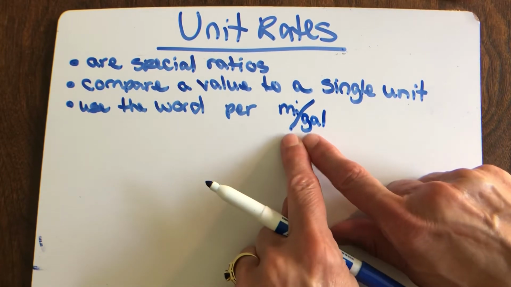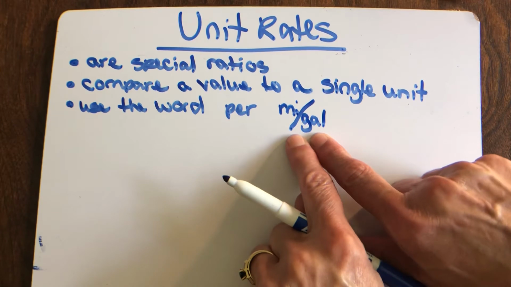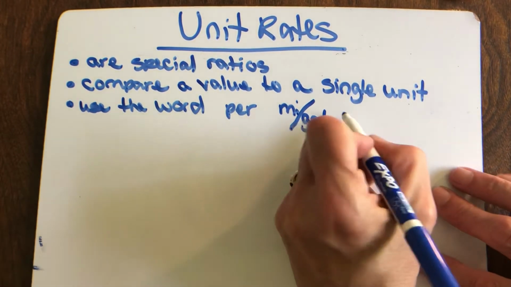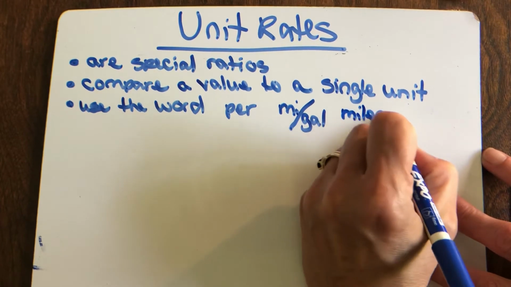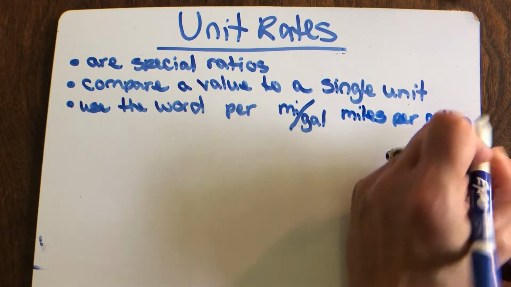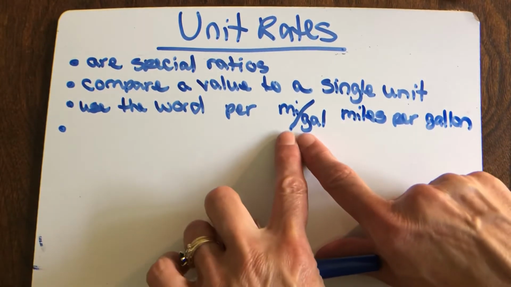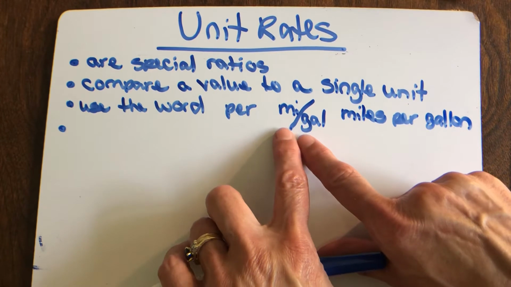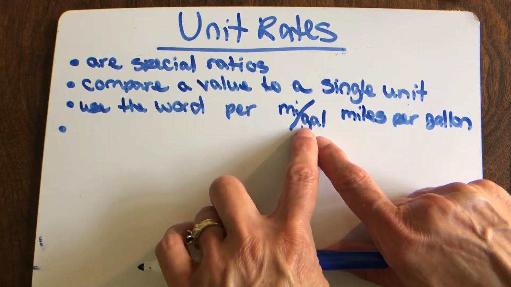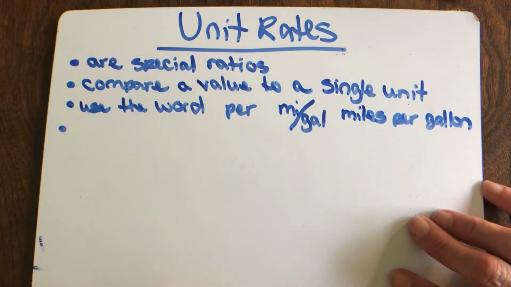But in this case, you've seen this in the grocery store and on gas station signs and stuff like that. That reads miles per gallon. And remember, math is just kind of like a code. So you got to be able to read that code. So when I write that down, you need to be able to read to yourself miles per gallon. That's how you interpret it, even when you're reading it silently.